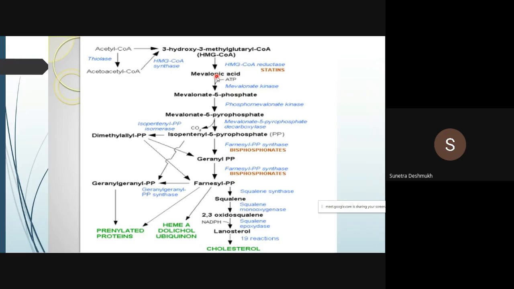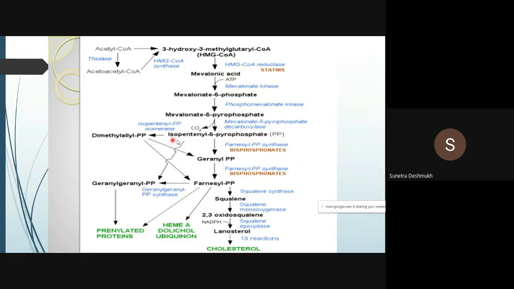From mevalonic acid we can go to mevalonate 5-phosphate. Here you can see mevalonate kinase. All these kinases and carboxylases are enzymes, and they catalyze these reactions. From mevalonate and its different derivatives, we can get isopentenyl 5-pyrophosphate, that is the IPP unit.